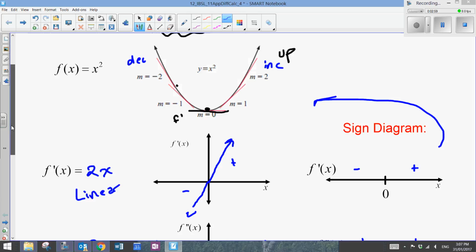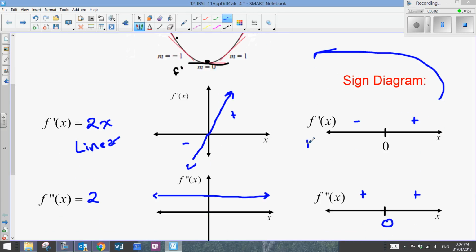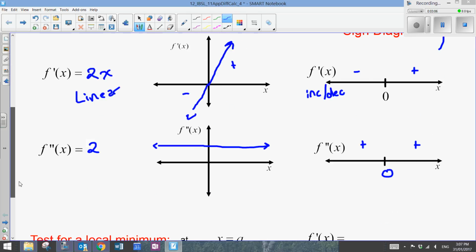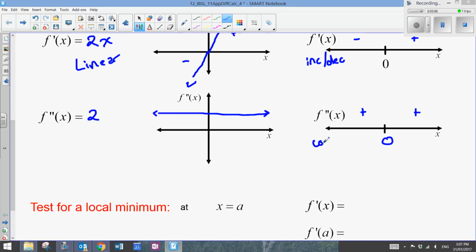So the first derivative tells us about increasing or decreasing, and the second derivative tells us whether we are concave up or concave down.